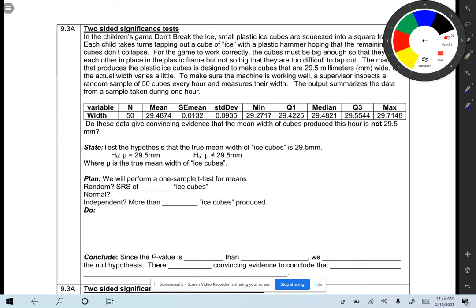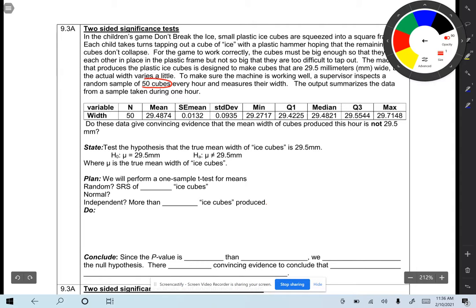For the game to work correctly, the cubes must be big enough so that they hold each other in place in the plastic frame, but not so big that they are too difficult to tap out. The machine that produces the plastic ice cubes is designed to make cubes that are 29.5 millimeters wide, but the actual width varies a little. To make sure the machine is working well, a supervisor inspects a random sample of 50 cubes.